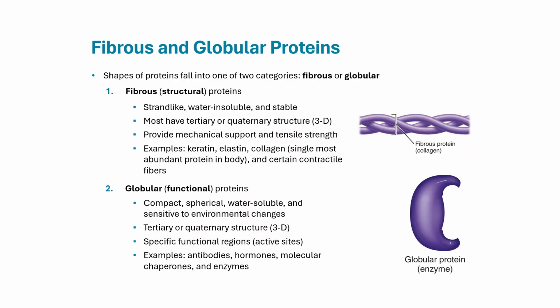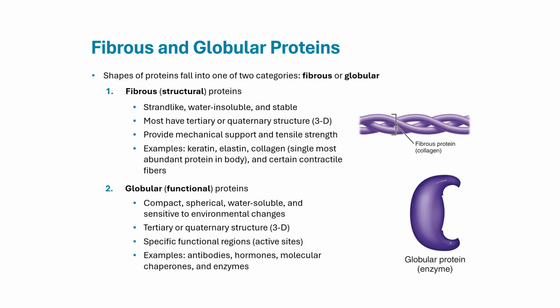Once we get into the protein structure, which is the tertiary, we know shapes of proteins can fall into two categories, fibrous and globular. This is the fibrous protein. It creates structure. It's strand-like or woven-like.